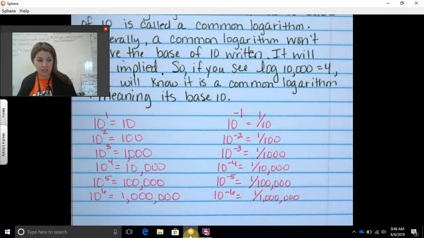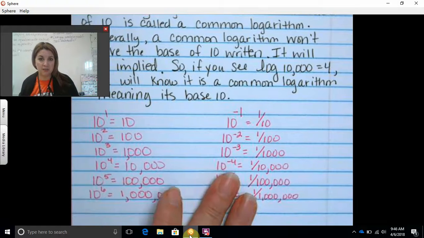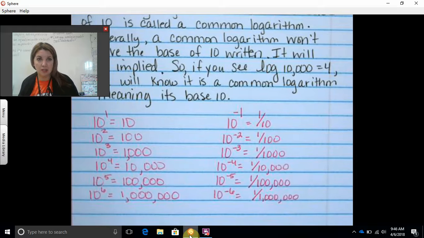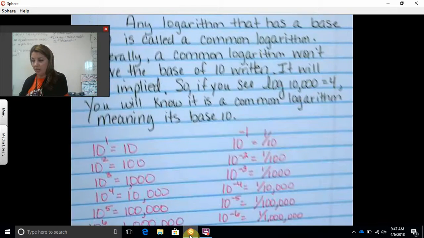I may save the change of base formula because as soon as I show you that, it's how you use the calculator to solve logarithms, you are going to want to use that every time and not show me work. So I think I'll just do 2 examples of logarithms, then I'll give you an assignment so that you have to solve them by hand before I show you how to use the calculator. Okay? And then we'll call it a day.